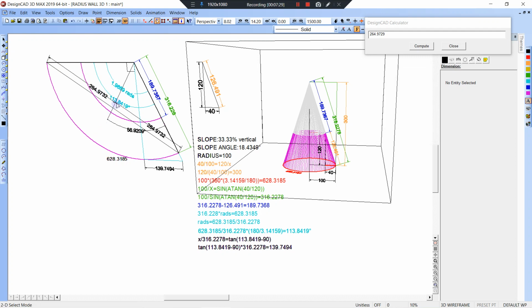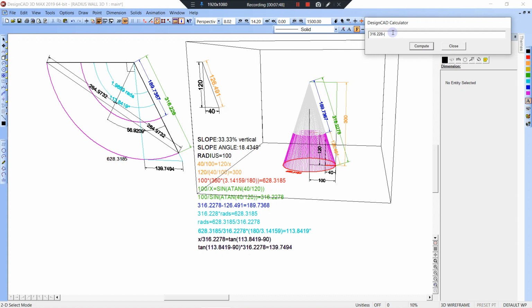And then you would want to know this, so you would take 316.228 minus, and then let's put all that in parentheses.